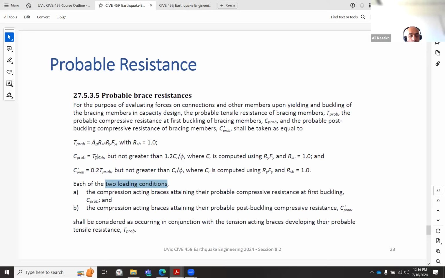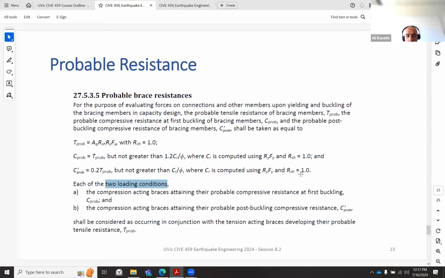Similarly, for compression probable, we use the same as tension probable, but not greater than 1.2 times compression design, not including phi. So divided by phi and then increased by 1.2. It's as if your Ry is 1.2, where CR is computed using Ry, Fy, and RSH equal to 1.